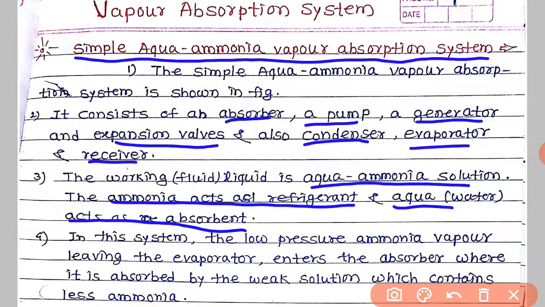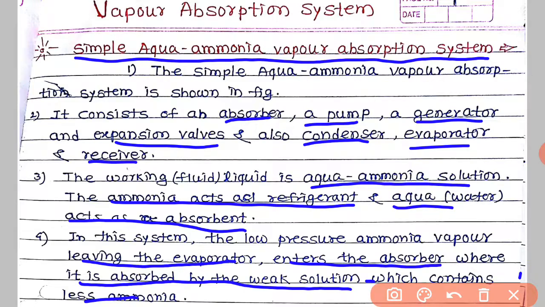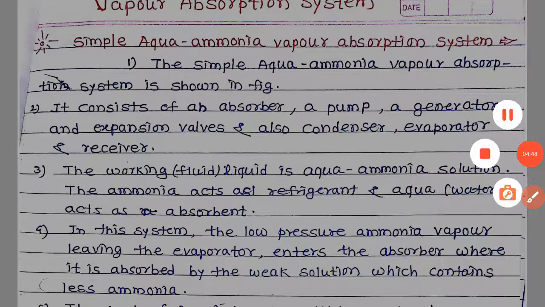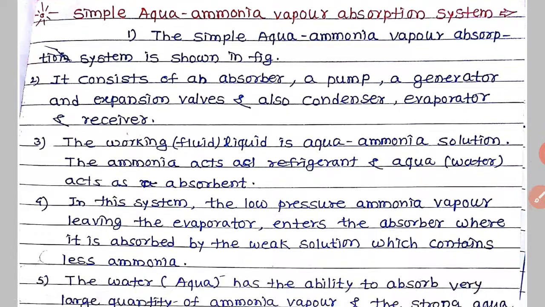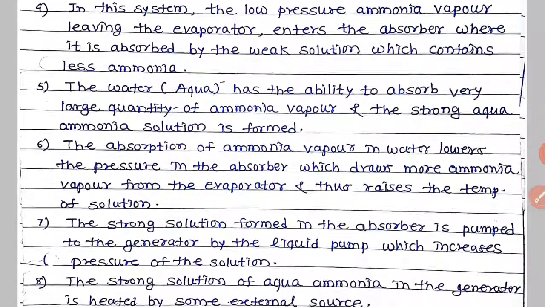In this system, the low pressure ammonia vapors leaving the evaporator enter into the absorber, where they are absorbed by the weak solution. The weak solution comes from the generator, which contains less ammonia, and a strong solution is formed in the absorber, which is passed to the generator by the pump.